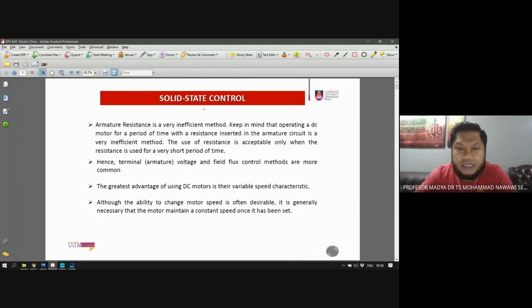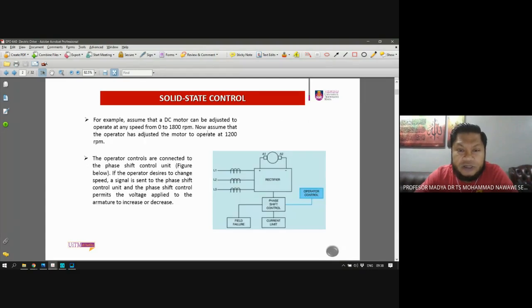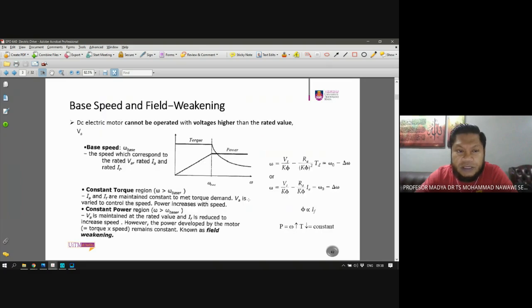Okay, so solid state control. Now we have this solid state control whereby you're going to change the VT by means of using the converter. So how to do it? All right, this is the definition. What is a base speed? And this talks about the constant torque.